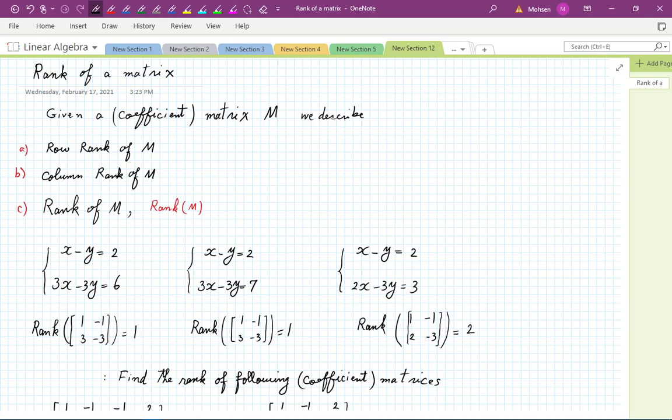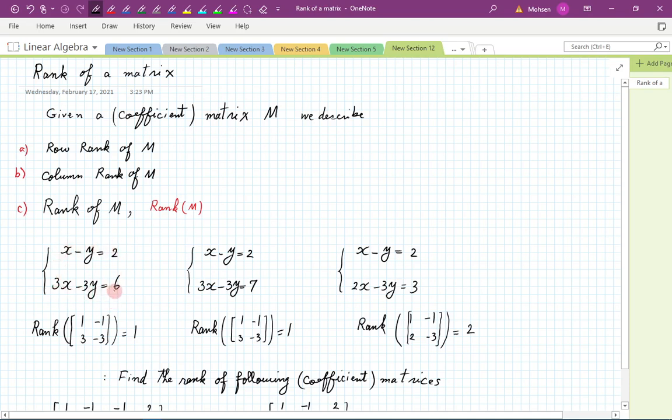Let's first discuss what the general idea is, and then we explain how to calculate it. I have written here three very simple linear systems. You notice the first one says x minus y equals 2, and the second equation is 3x minus 3y equals 6.